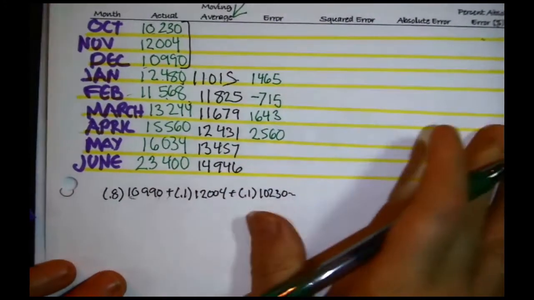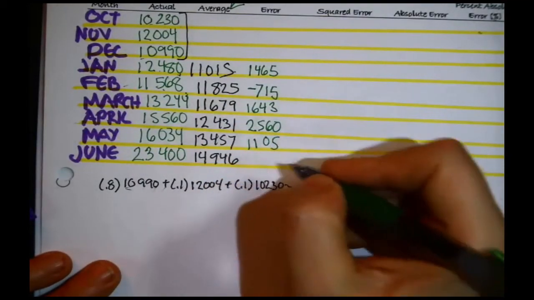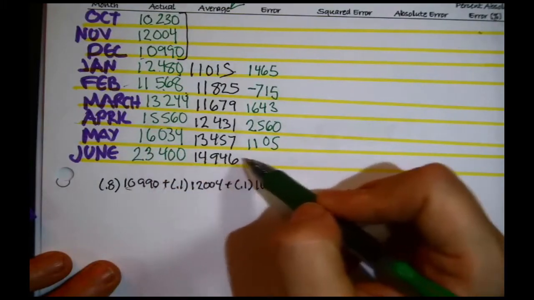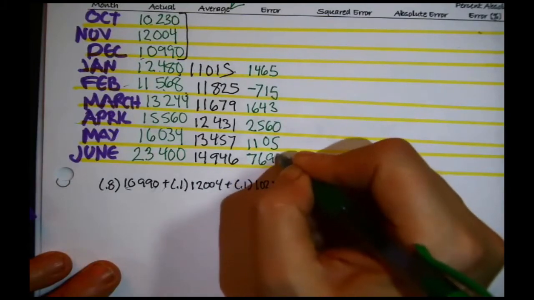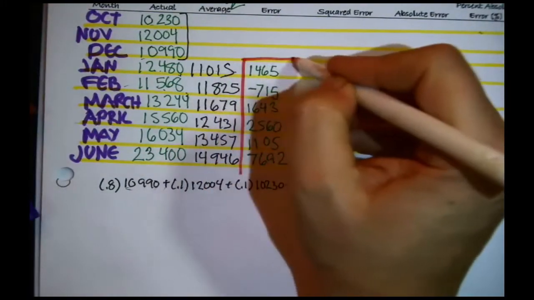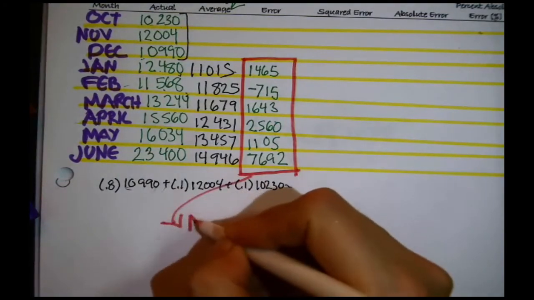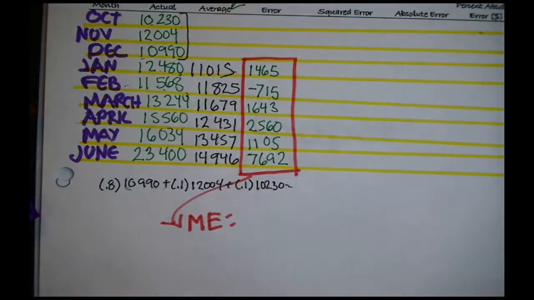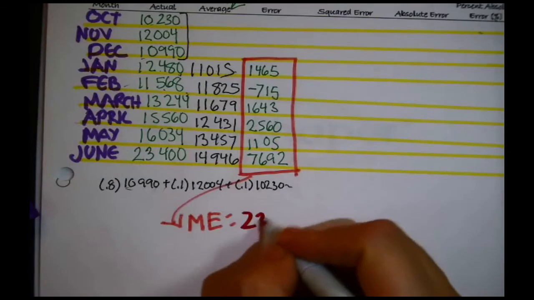The error for May, 1,105. And then the error for June, the 23,400 minus 14,946, 7,692. These are the actual errors in each one of the forecasts. If you want to calculate the mean error by averaging them together, I get a mean error of 2,292.